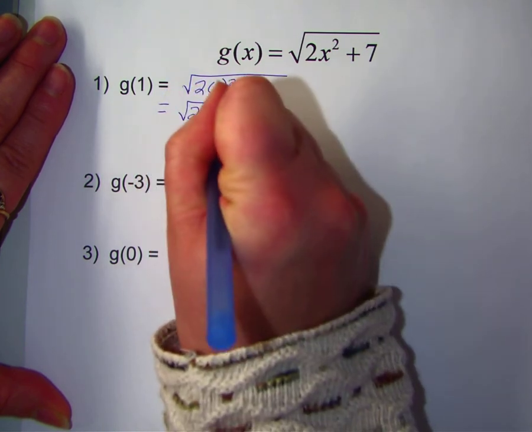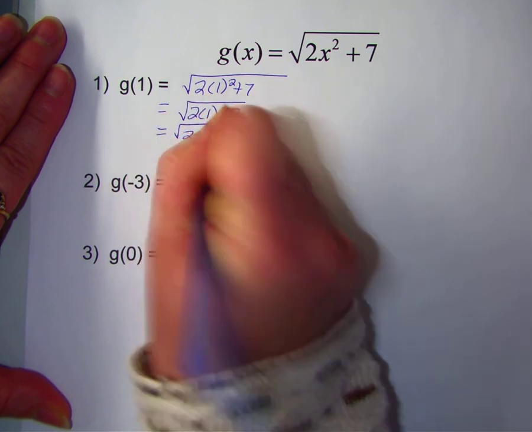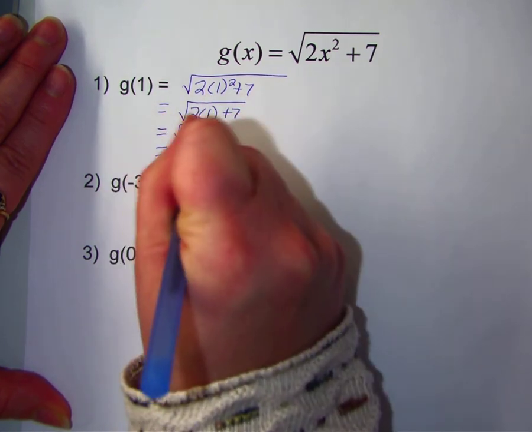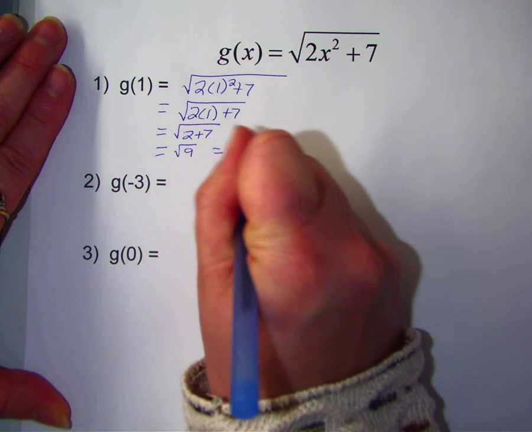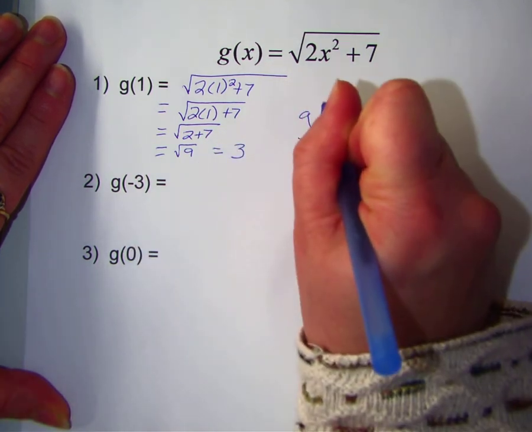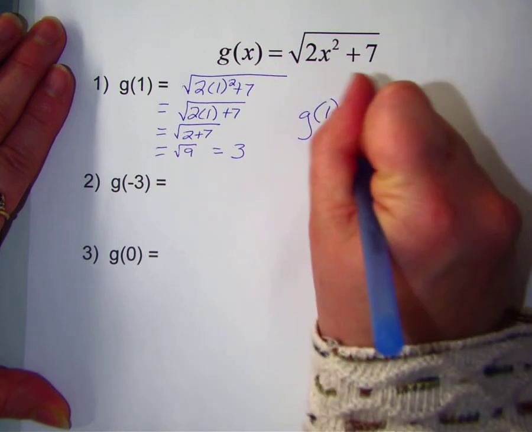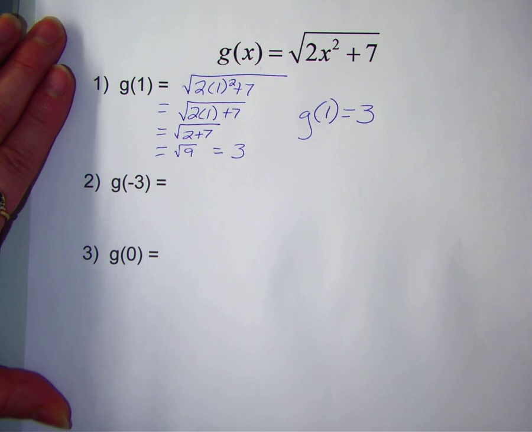So 1 squared is 1, 2 times 1 is 2, 2 plus 7 is 9, and the square root of 9 is 3. So, therefore, the value of the function g when the input is 1, the output is 3. And that's how you write your answer.